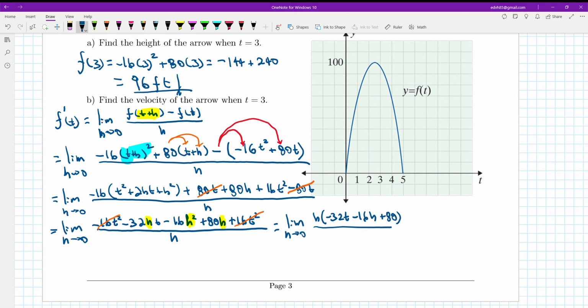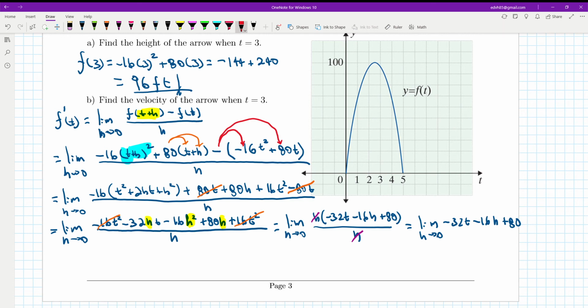Whole thing divided by h, and see how these terms cancel out. So, the limit of negative 32t minus 16h plus 80 as h approaches 0. And if we evaluate the limit, notice in this case we have two variables at the same time.